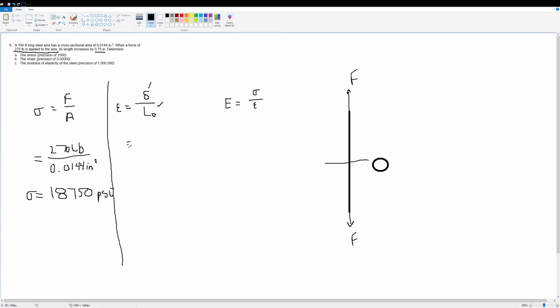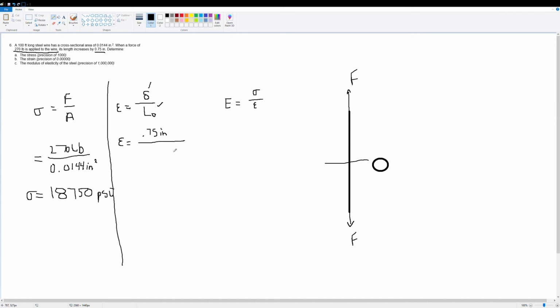So we're told in the problem itself that the elongation is 0.75 inches. So that's going to go in my numerator, 0.75 inches. And in my denominator, the original length, it's 100 feet. Okay, well, we have to be careful here because I do not want to mix my units.